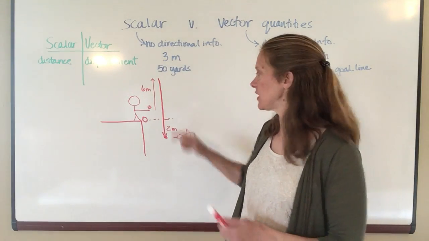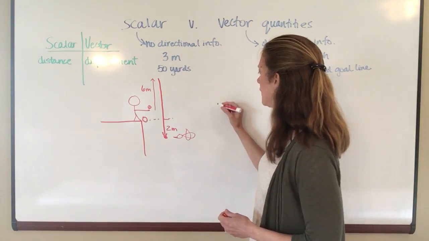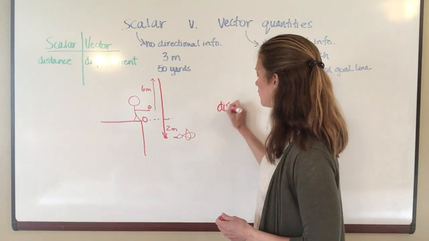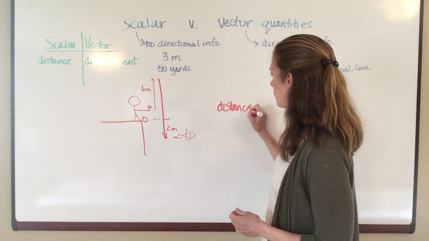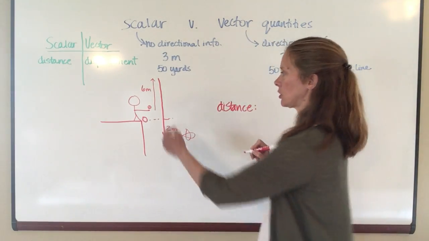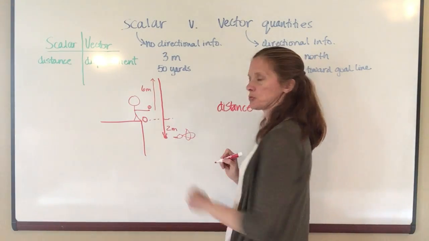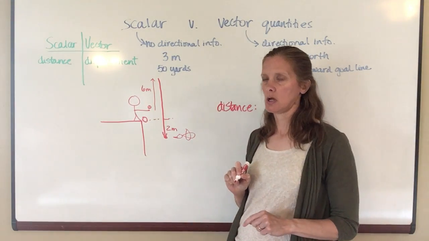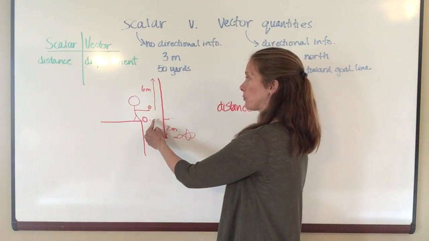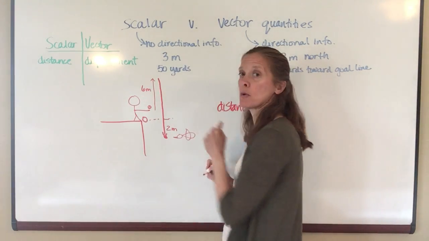And so a lot of times, if I ask for the distance that the bread traveled, in a problem like this, I'll get a student go 6 meters up, 2 meters below the cliff, 8 meters. Well, but it's not, because again, the bread had to come up and it had to go back down.